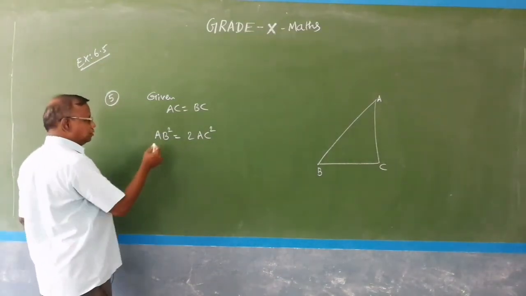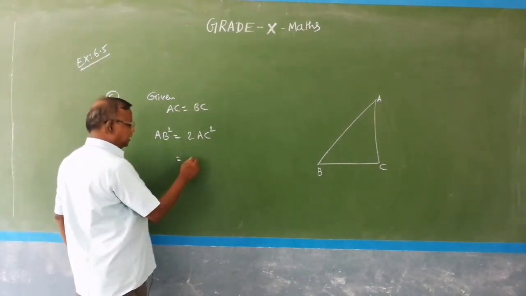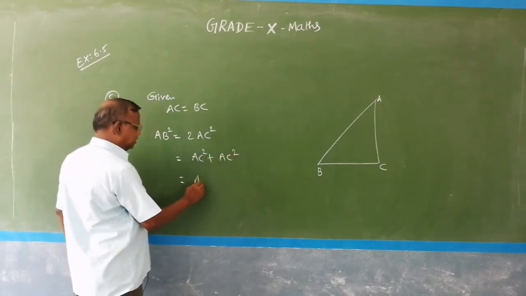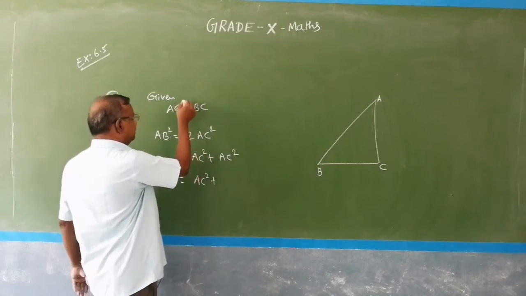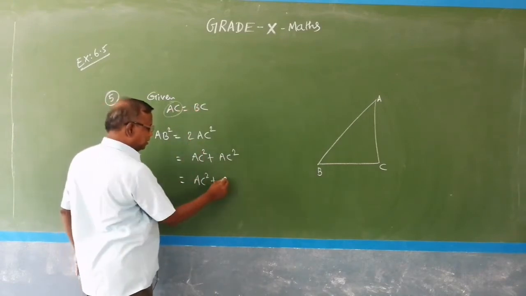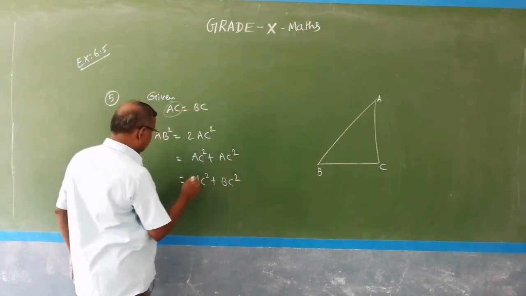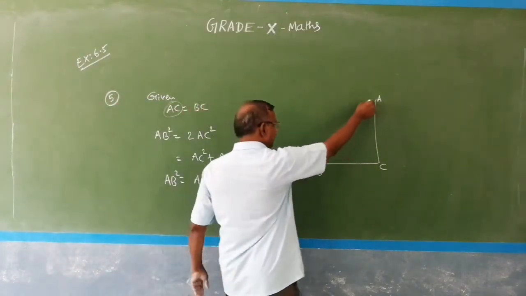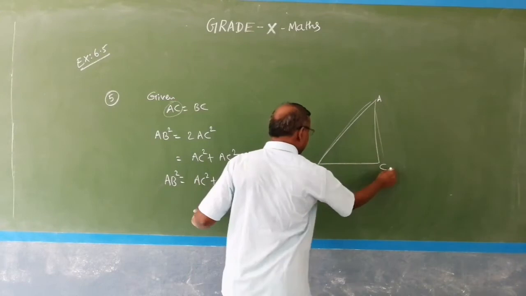Now, this is given. 2AC square can be written as AC square plus AC square, and instead of the second AC we can replace BC. So, that is AC square plus BC square. So, AB square equals AC square plus BC square.